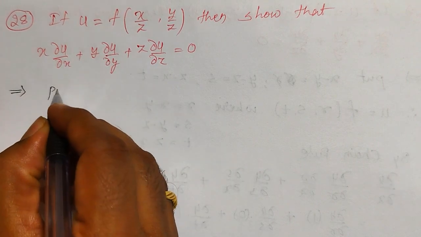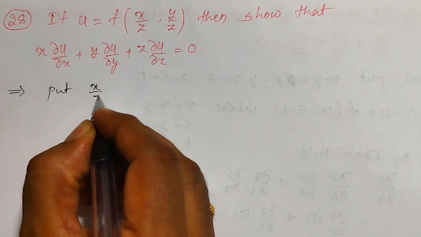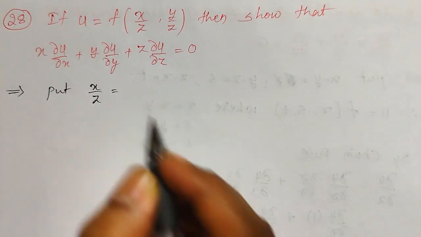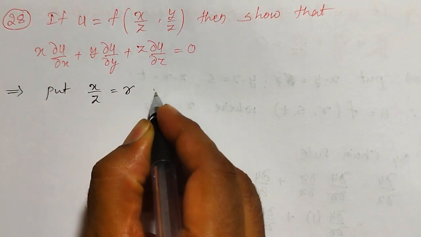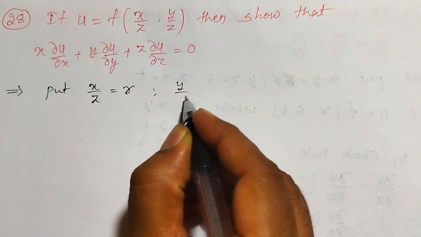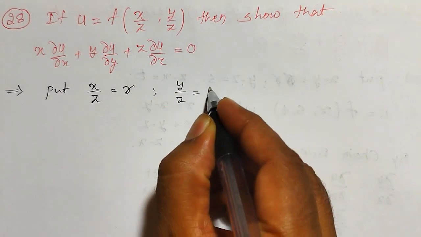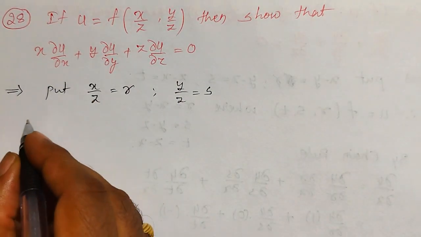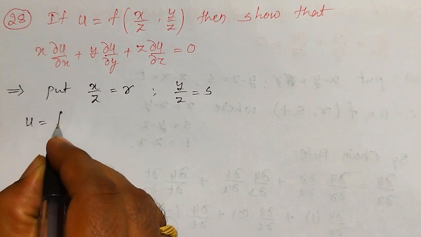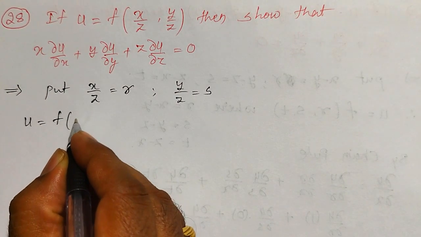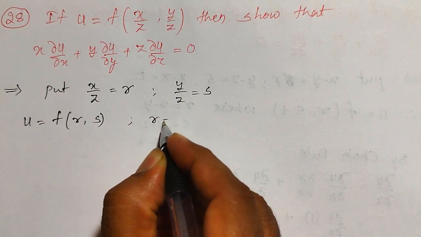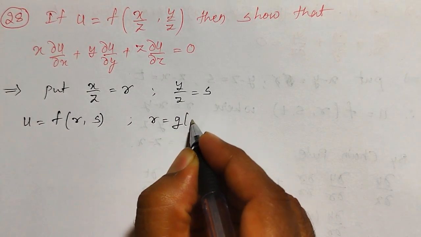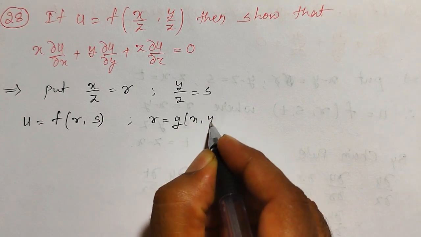Let me put x by z equal to r and y by z equal to s. Then the given function u is equal to f of r comma s, and r is a function of x, y, z.